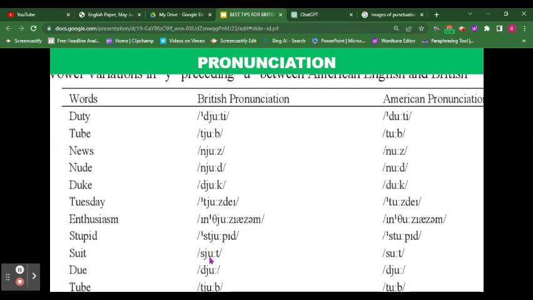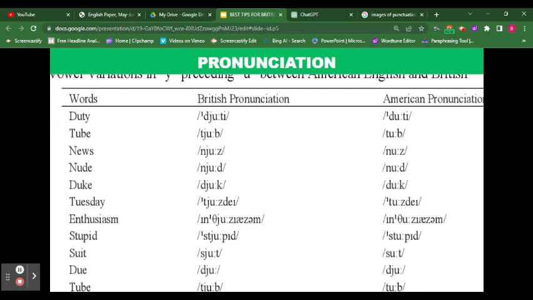Then you have suit, British, suit, American. Do, British, do also. There's no difference in the pronunciation of do. Do in British English is do also in American English. But then tube, British, tube, American.